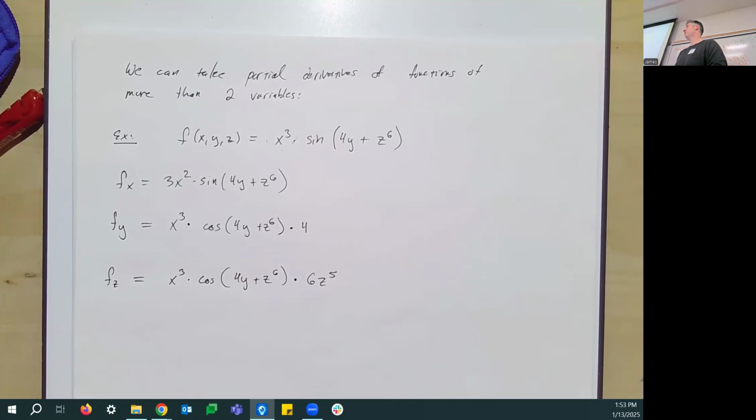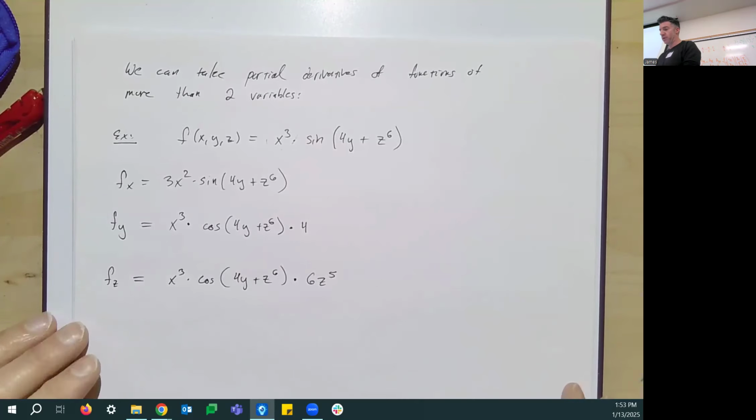I should point out that when people say mixed partials, they generally mean specifically the two we talked about before, either f_xy or f_yx, or del squared f del x del z, and del squared f del x del y, or del y del x. But the mixed partial can actually really be any number of derivatives that you take one after another.